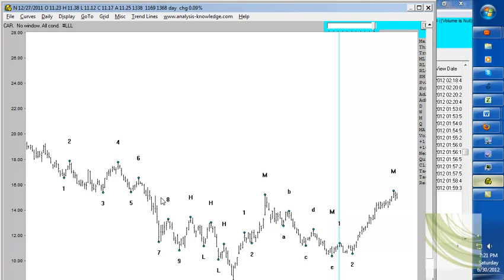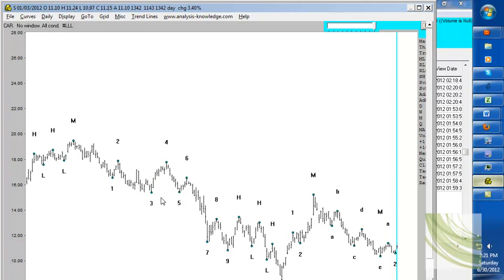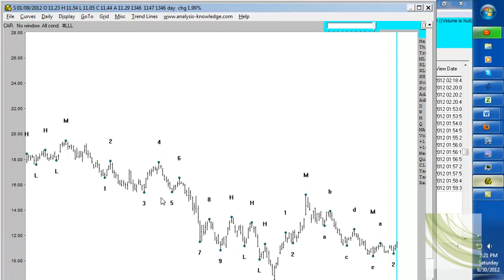Let's see what we wound up with. We wound up going long, let's say here at the close. Actually it would have gone long here, because it thought it was a 2. This one at the close, so that's close 11.15.